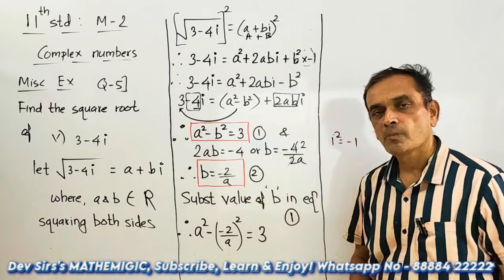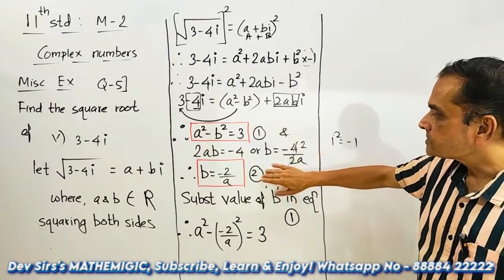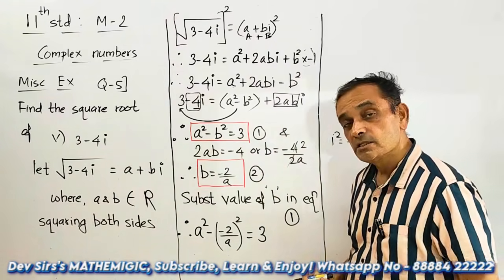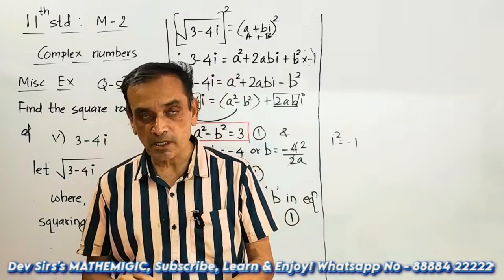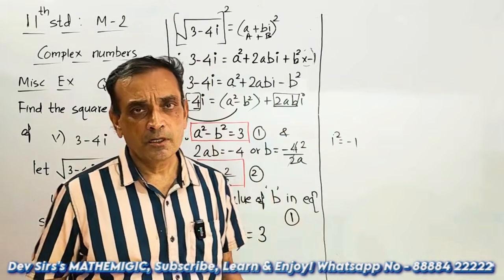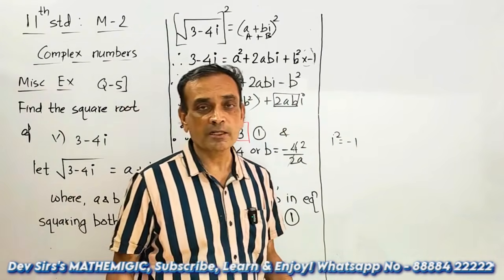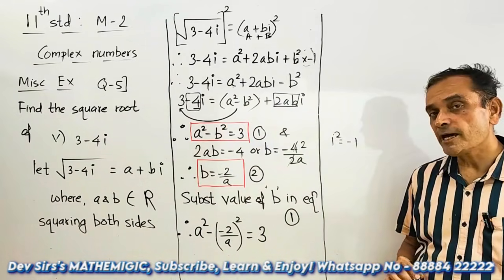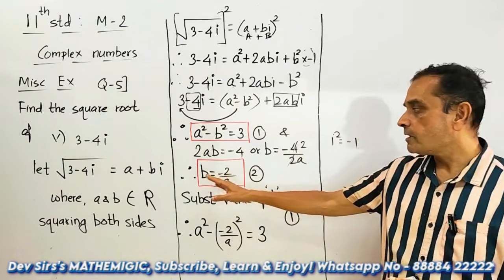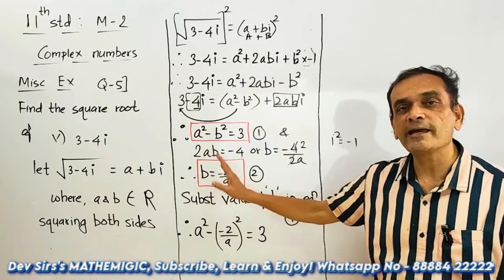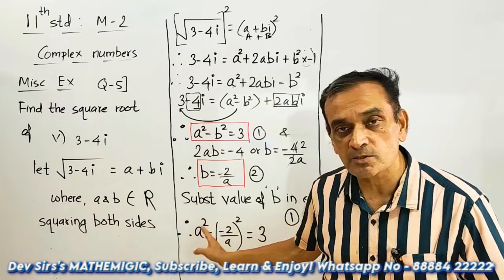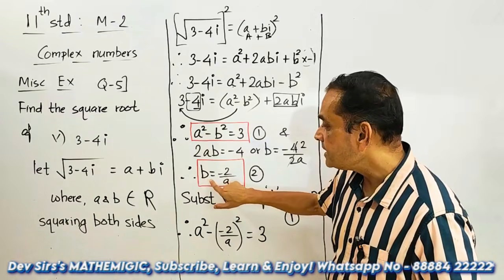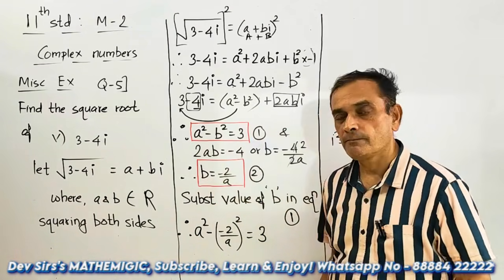Right. Real part equal to real part, imaginary part equal to imaginary part, and from that get the value of b. Now how do we solve these two equations simultaneously? Now this pair of equations is also simultaneous equations. Those we solve together are called simultaneous equations. But what is the difference? You don't have equations like a plus b is equal to 3, a minus b is equal to 4 and so on. The second equation is of the form b is equal to minus 2 upon a.